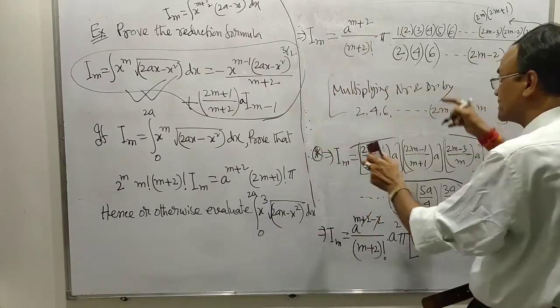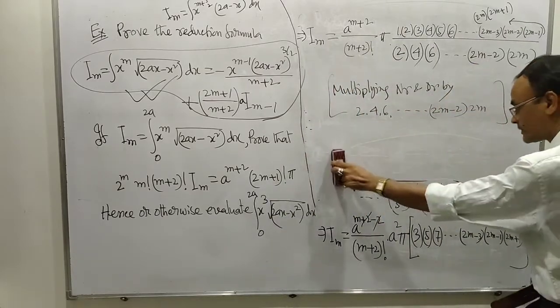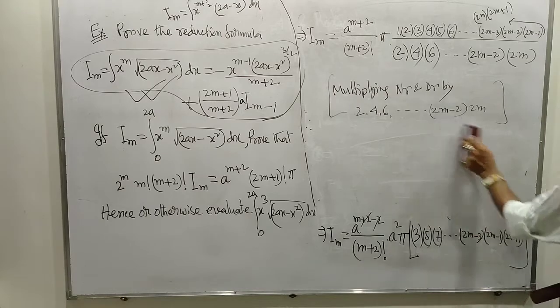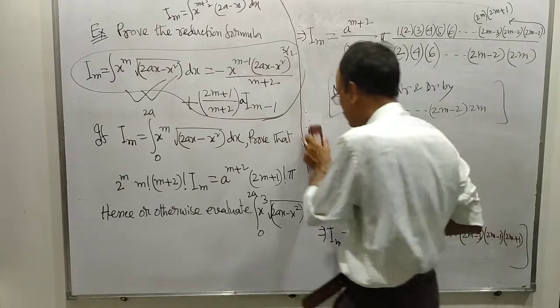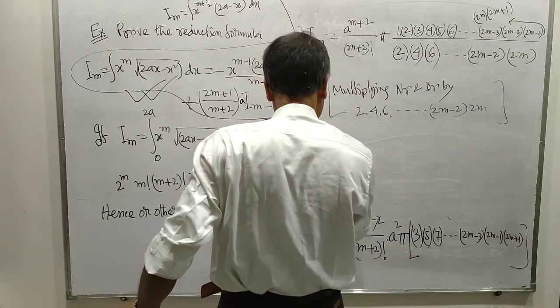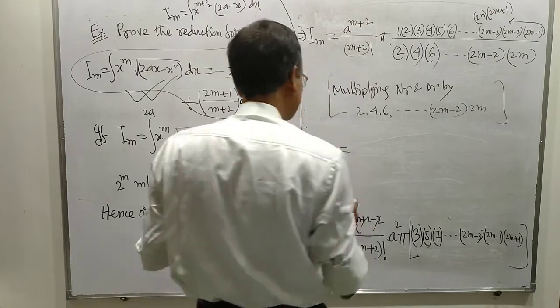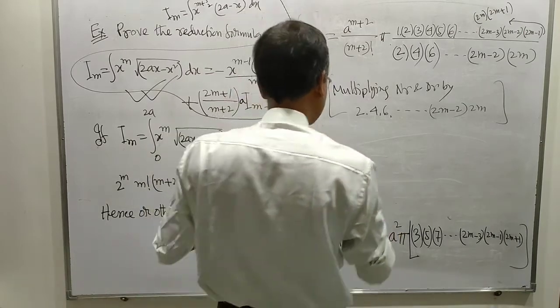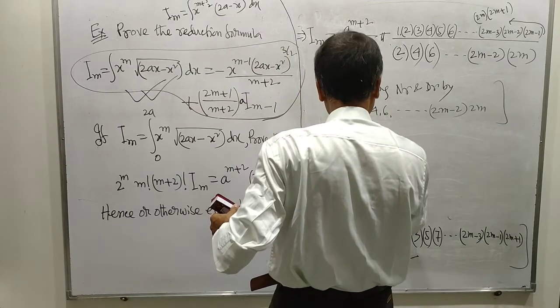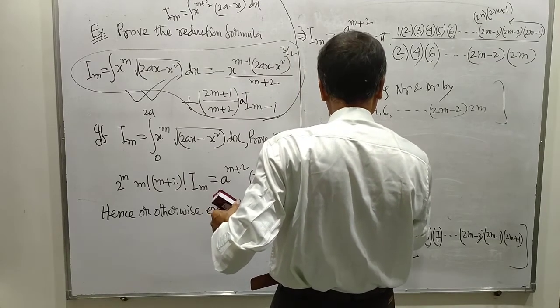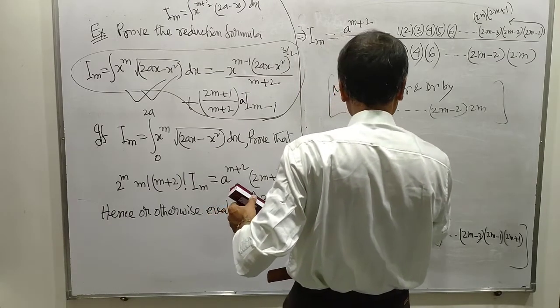What we have done? We have done this, multiplying numerator and denominator. This means I is equal to a to the power m plus 2 divided by m plus 2 factorial into pi.